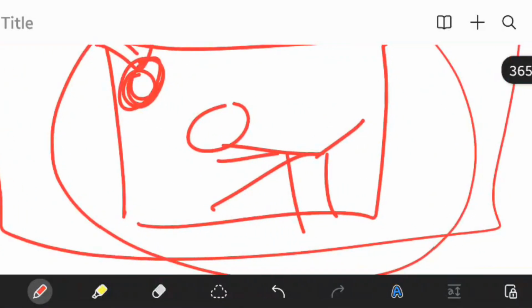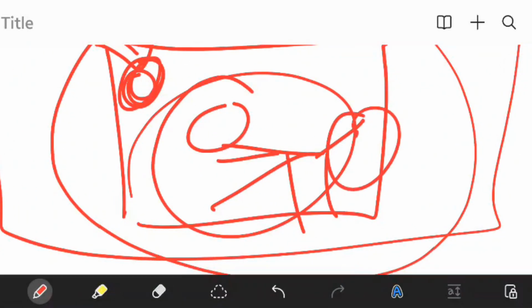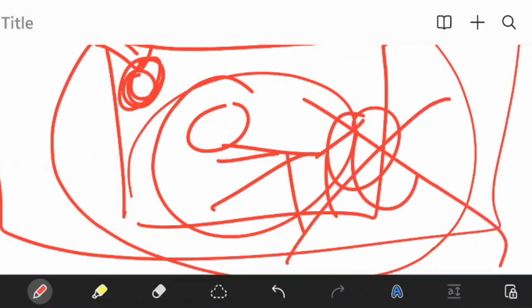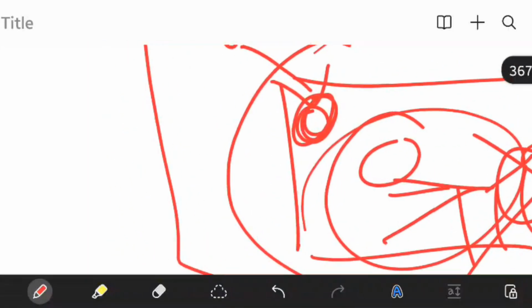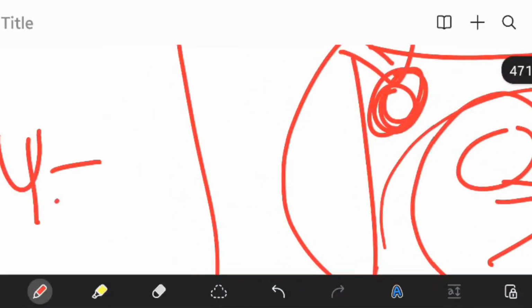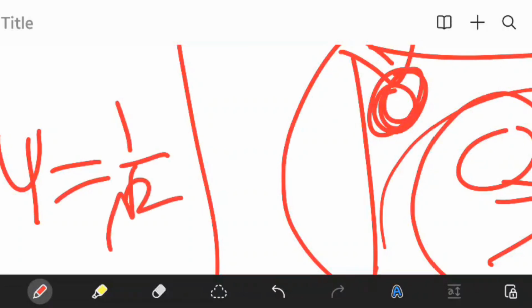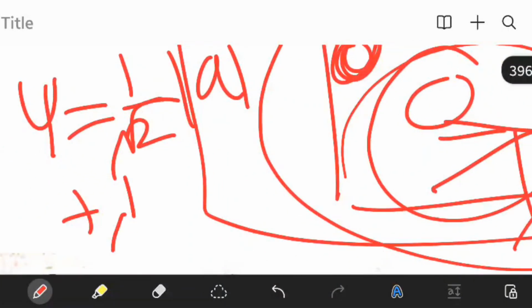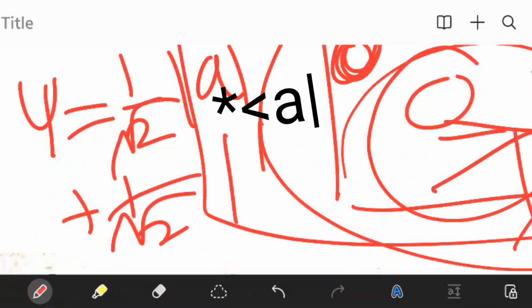But the cat is not a quantum object. It is not a quantum object. So the wave function of the cat is not like alive and square root 1 over 2 dead.